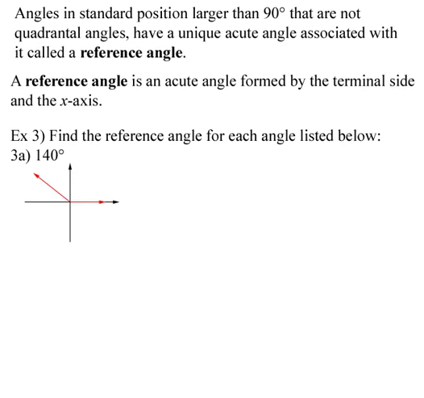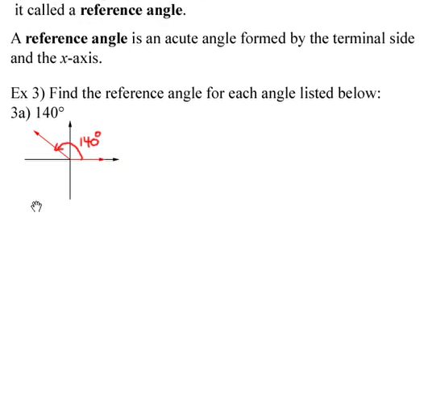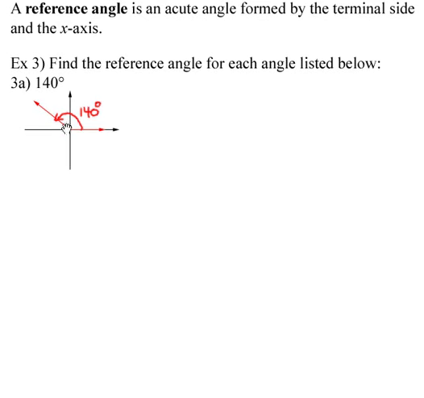So if we're looking for the reference angle for 140 degrees, we start with our initial side on the positive x-axis. We rotate counterclockwise 140 degrees to our terminal side. To find the reference angle, it's always the angle formed by the terminal side and one of the sides of the x-axis. In this case, it's the negative x-axis.